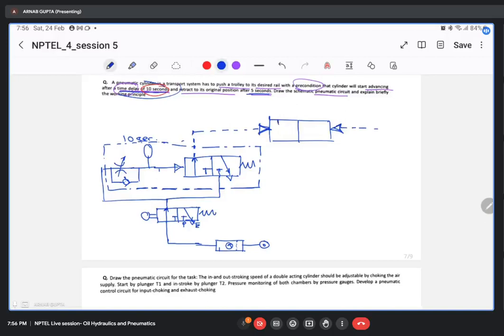And from here you will go directly to the cylinder.